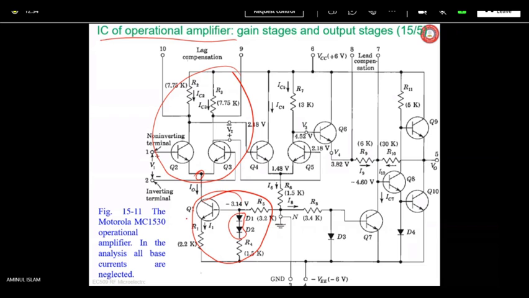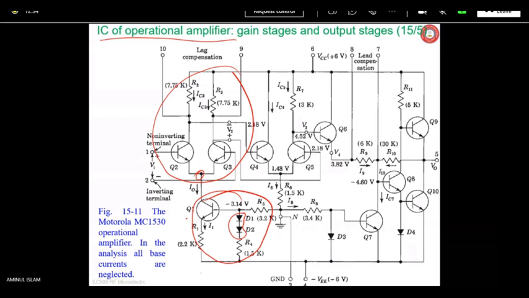Which is very high in case of this amplifier. The differential input resistance of the second stage consisting of the differential pair Q4 and Q5 is 2 HIE.